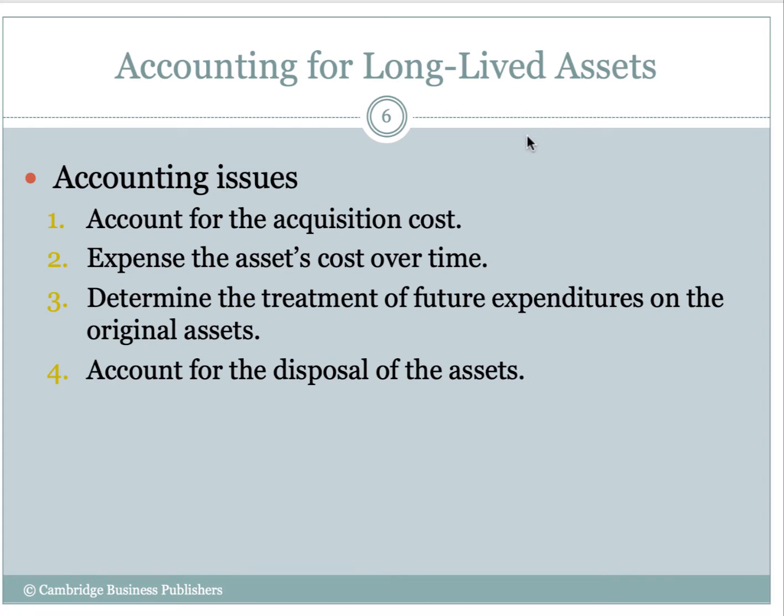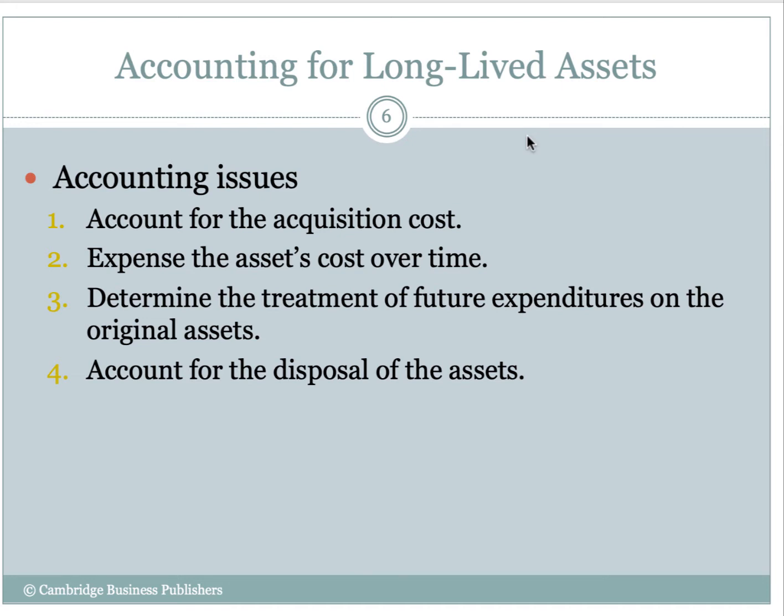Okay, so since we finished the video, we know what we mean by all these accounting issues. How do we account for the acquisition cost? How do we expense the asset's cost over time? We're actually going to look at that in our next video. How do I determine the treatment of future expenditures on original assets? We did talk about that.